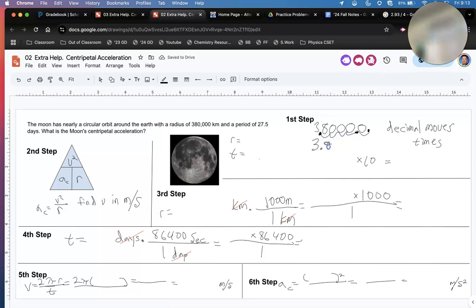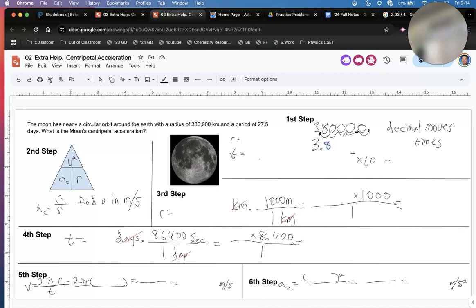Now, did I make this number different than this number on top? I did, right? When I do this, I have to multiply it by an exponent, so they're still the same number. So how many exponents do I multiply it by? Caleb, how many times did the decimal move? 1, 2, 3, 4, 5.